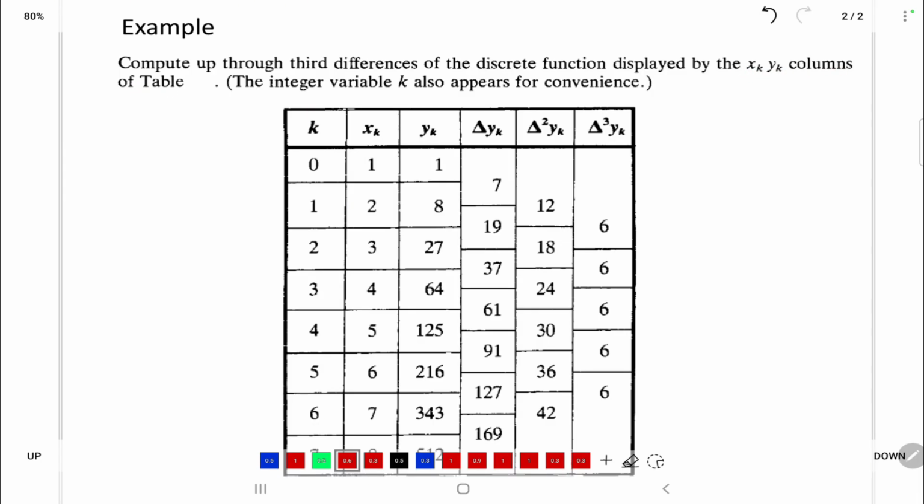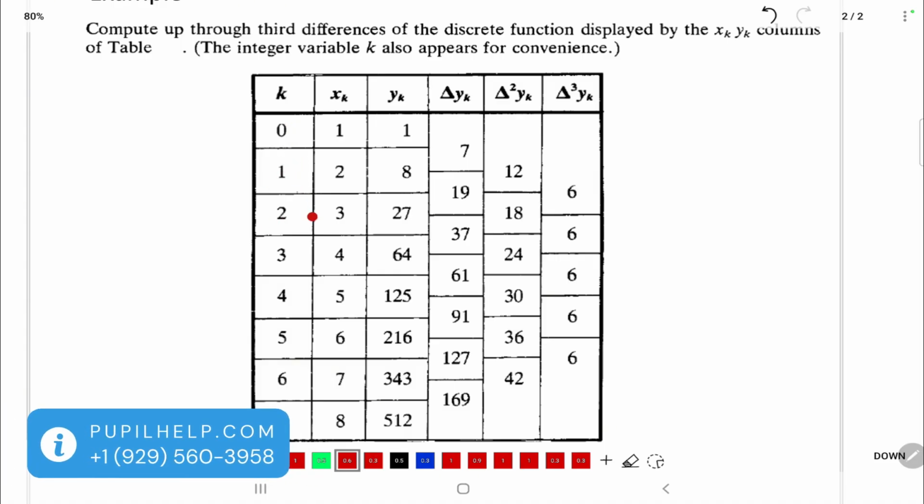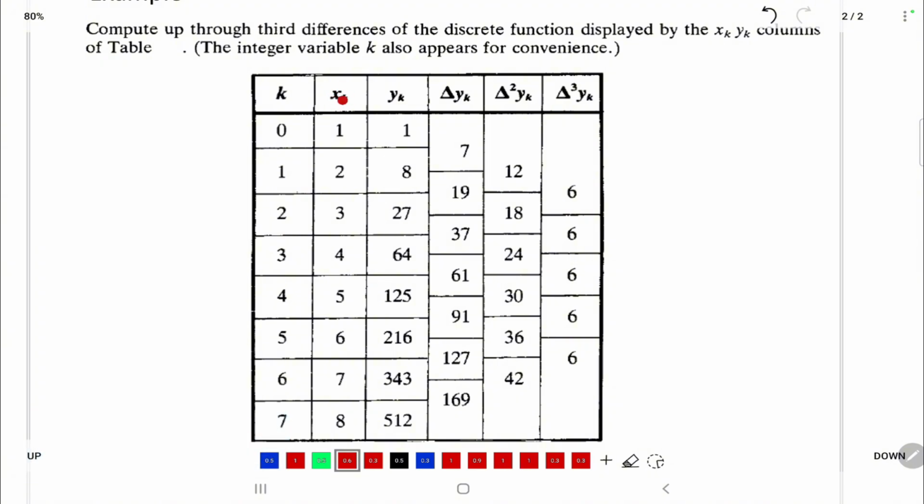of the table. So this is the table. k indicates the serial number. It is 0, 1, 2, 3, 4, 5, 6, 7, and so on. The x sub k, y sub k, these are the pairs. So it is x and y. The first pair is x0, y0. It is 1, 1.